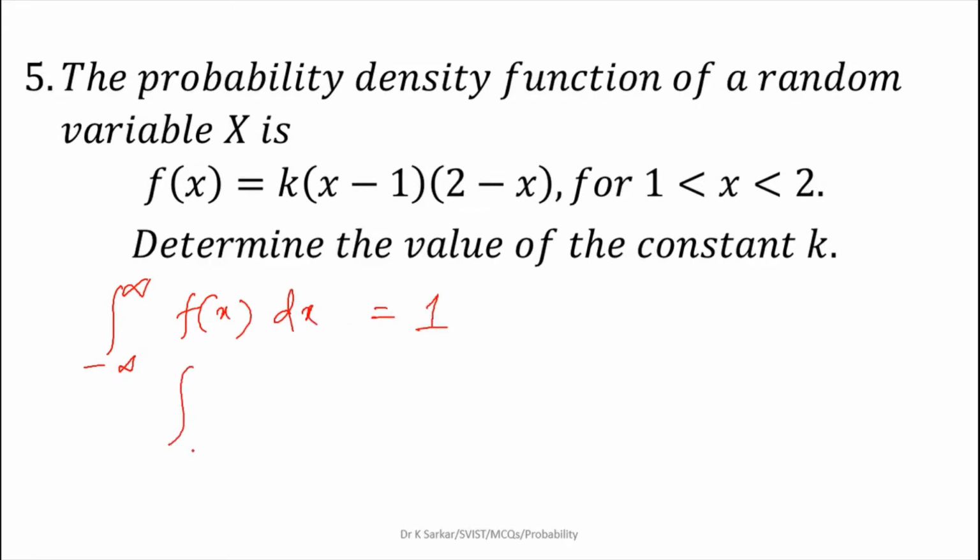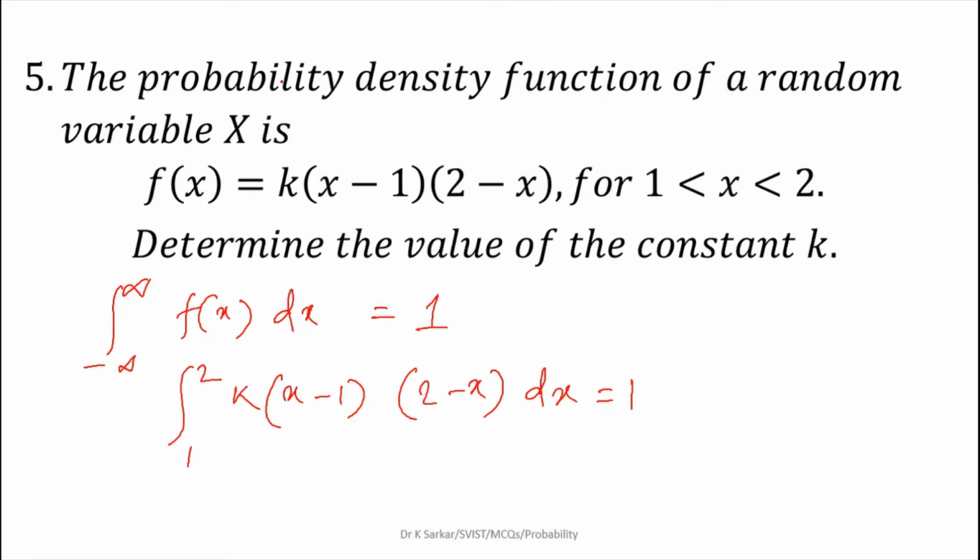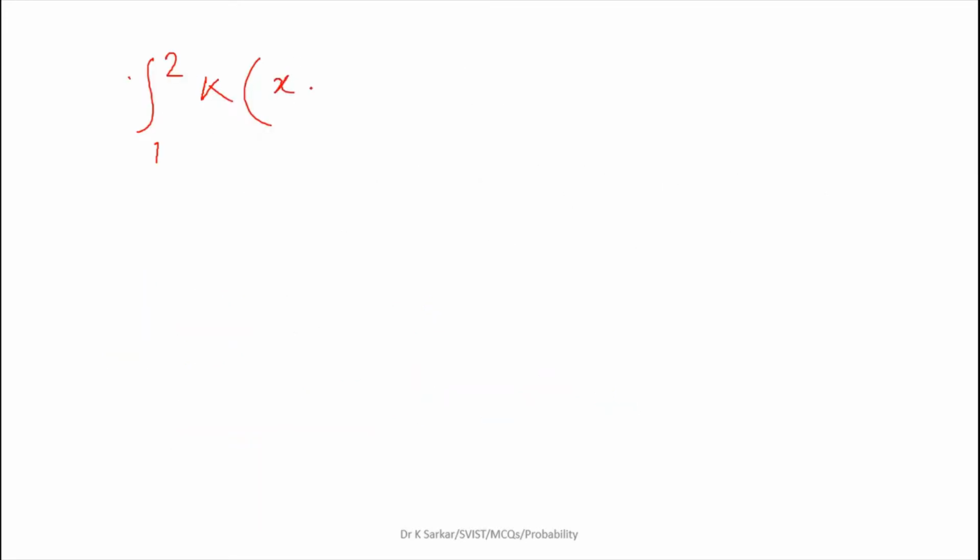Here 1 to 2 k into x minus 1 into 2 minus x dx equals 1. 1 to 2 k into x minus 1 into 2 minus x dx equals 1.